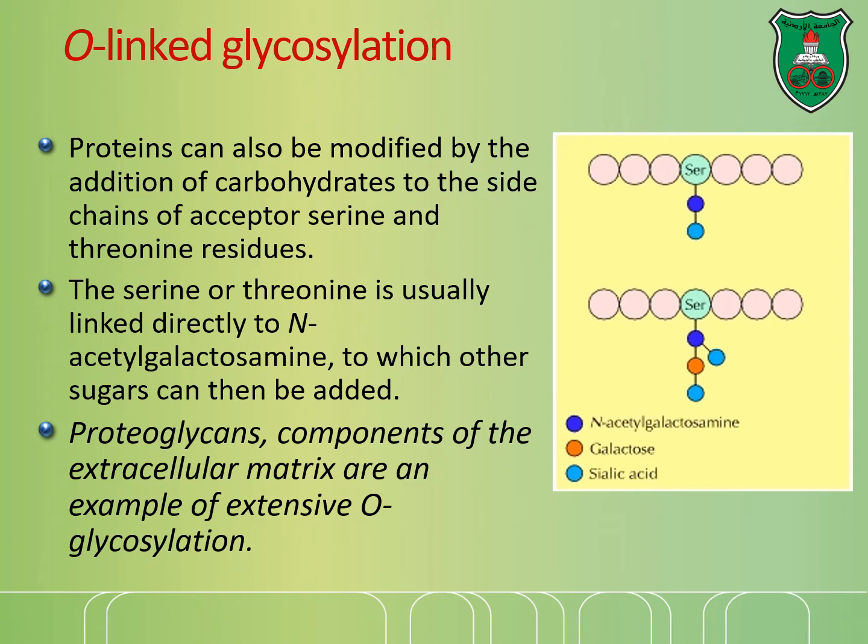So that's N-linked glycosylation, and that modification continues in the Golgi apparatus. Now, the second type of glycosylation is known as O-linked glycosylation. That's where sugars are added to the hydroxyl group of serine and threonine amino acids.